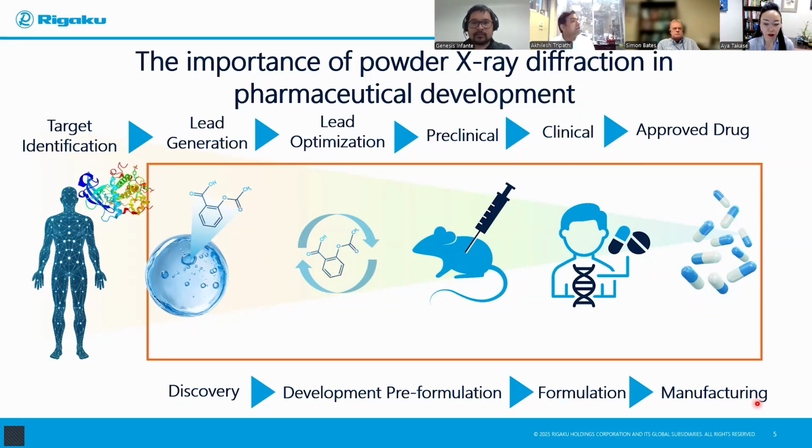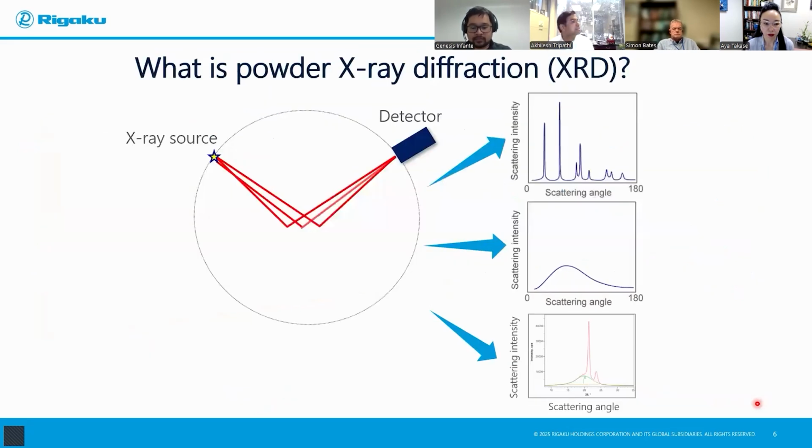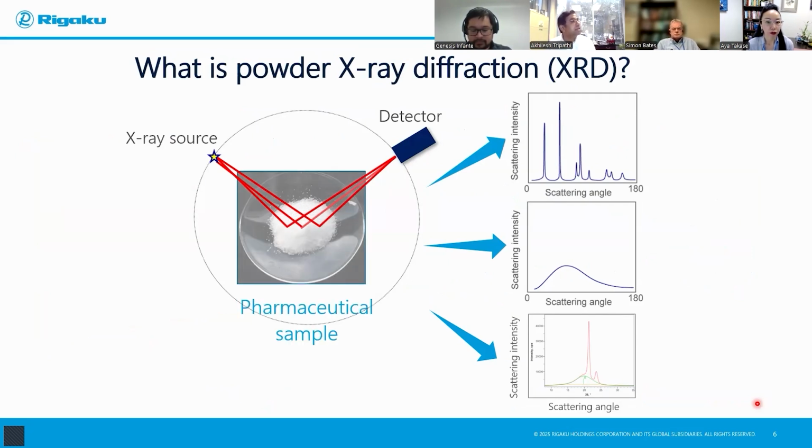What is powder X-ray diffraction in its very simplicity? You have a source of X-ray through an instrument, and you have a sample, such as a pharmaceutical sample. It would diffract X-ray, and a detector will detect it based on Bragg's law, and likely you would have one of those patterns. One crystalline pattern where the peaks are very well defined, and it can match very well with a database or with your own database.